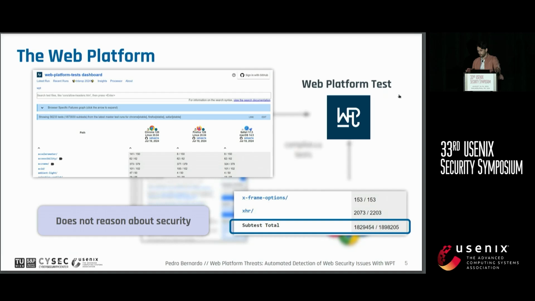WPT is a browser compliance testing framework and test suite, which is developed and maintained by both browser developers and specification writers. WPT is extremely comprehensive with around 200,000 subtests covering the vast majority of the web platform. However, it deals with compliance and not security, so we cannot really extract security guarantees from WPT test results.